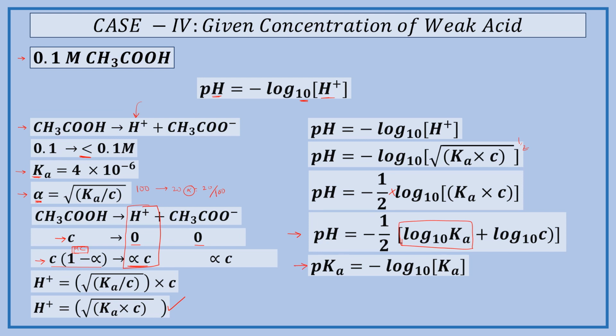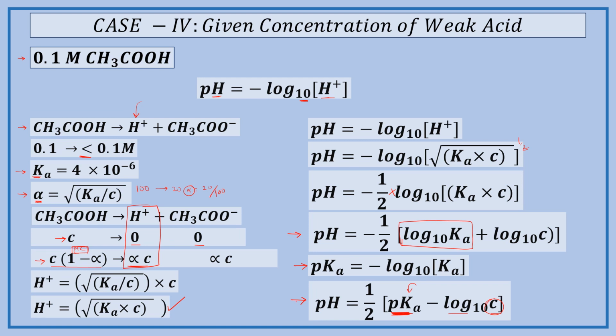So we can replace this log Ka base 10 with pKa, and this will become our general expression for calculating pH of a weak acid. We will be requiring the Ka value of the weak acid. We will take its logarithm and it will become pKa, and log C. C will be the concentration which will keep on varying as per the question.